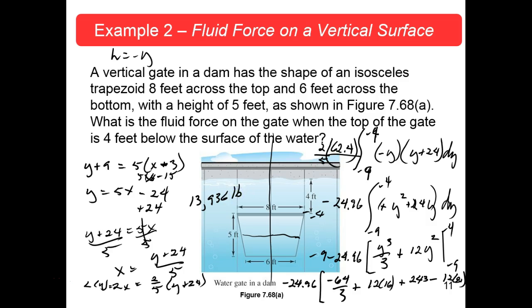Pounds because you're dealing with the weight density of water, which is 62.4 pounds per cubic foot. Everything else is in feet, so that gave you a very large force. That is almost 7 tons of force, because 2,000 pounds is a ton.